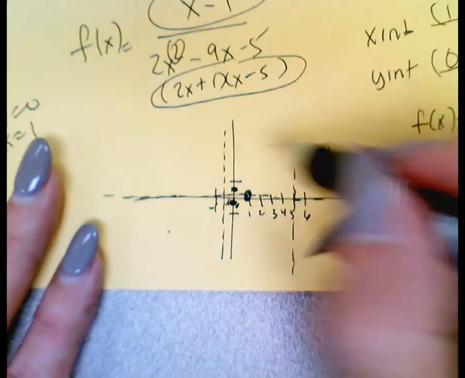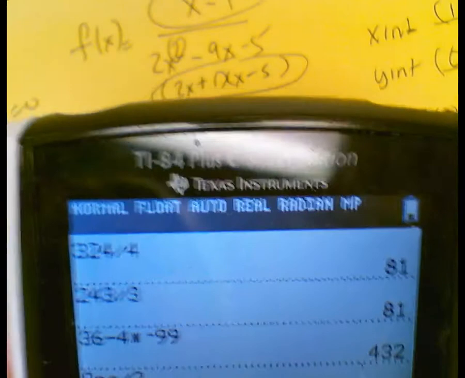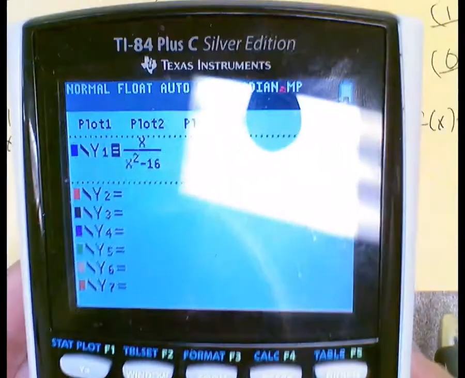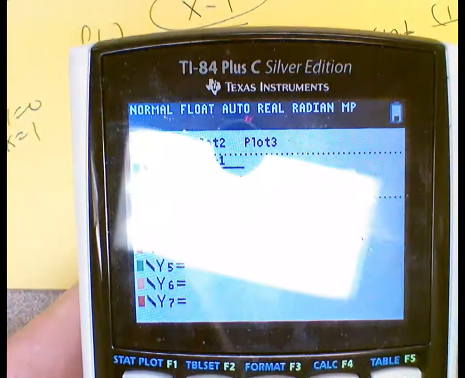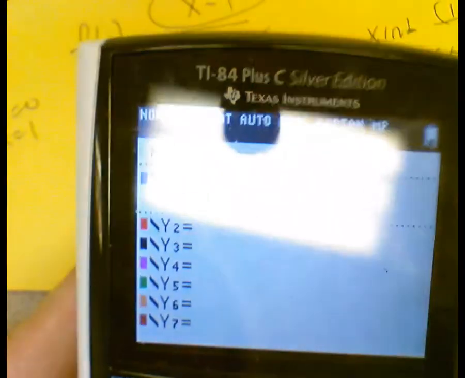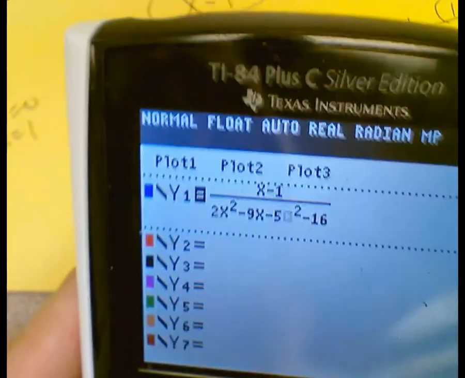It's up there. So since it's a graphing calculator quiz, for this portion of it, you would then go like this, x minus 1, and then 2x squared minus 9x minus 5.